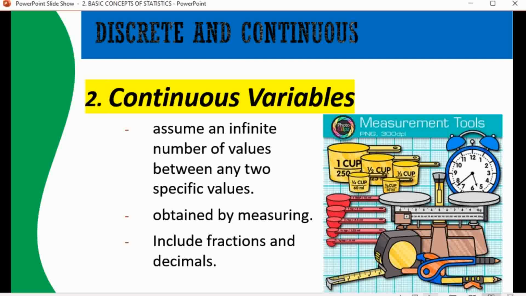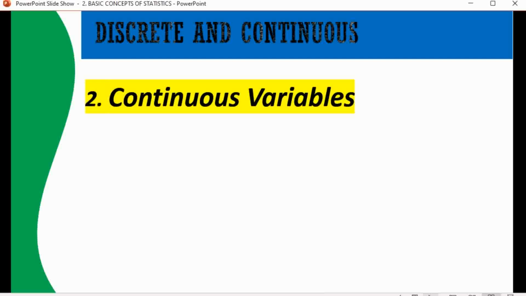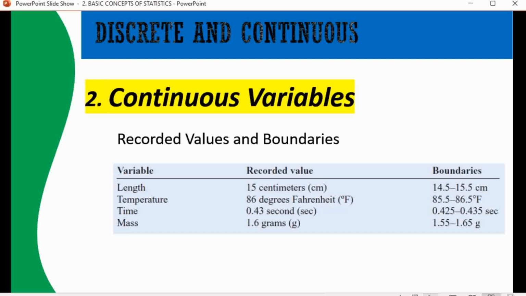We have time, length, weight, height, and many other data that require that they should be measured. With continuous variables, we can still use frequency distribution, but this time we will have grouped frequency distributions. In other words, we will use boundaries here. We'll also use class boundaries and other aspects in the making of the table.